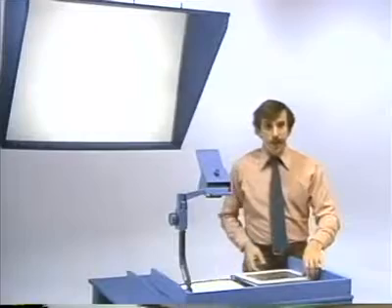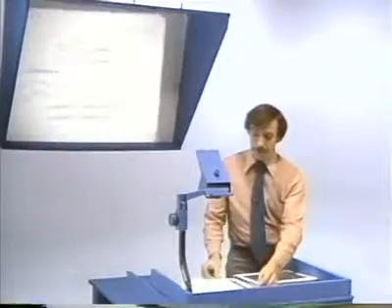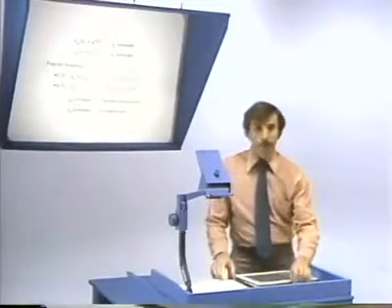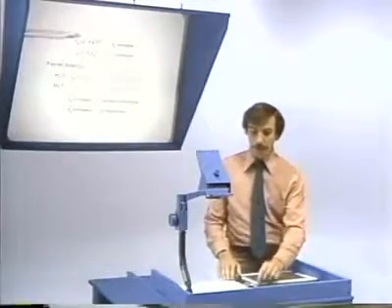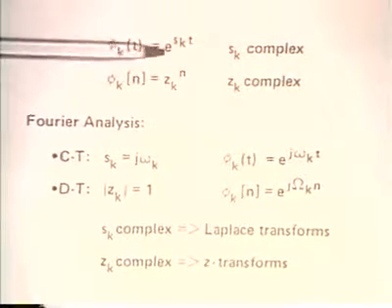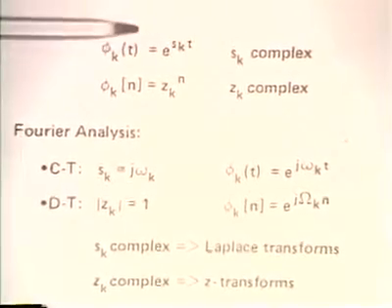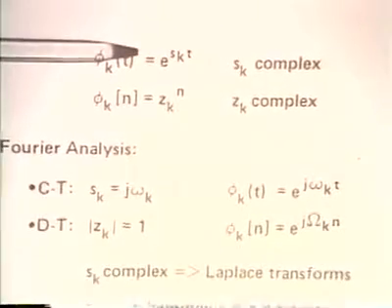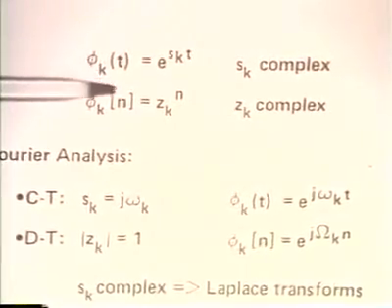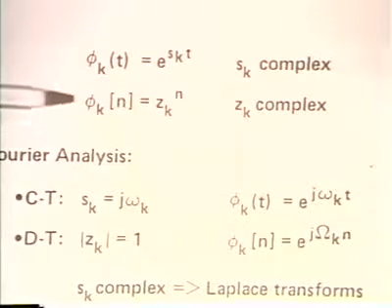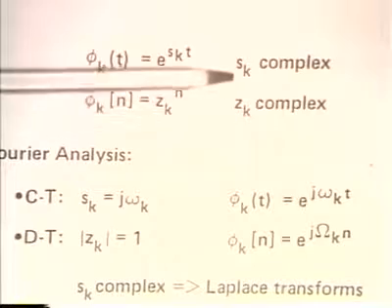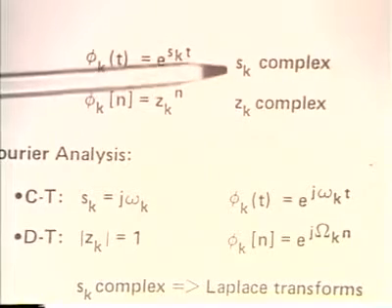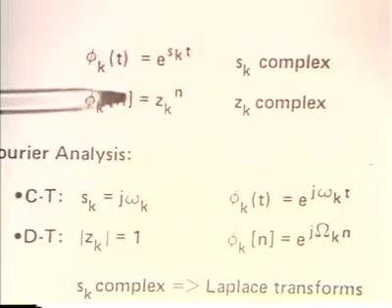So, in a general sense, in the continuous time case, we'll be thinking in terms of a decomposition of our signals as a linear combination of complex exponentials, continuous time, or in the discrete time case, complex exponentials, where z sub k is complex here in discrete time and s sub k is complex here in continuous time.